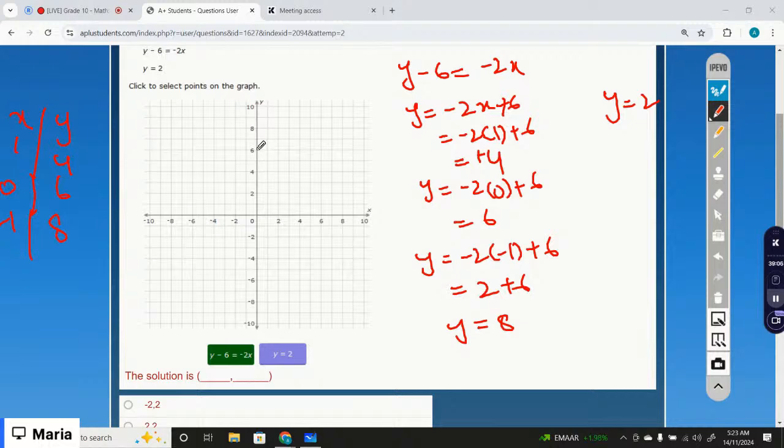x is 0, y is 6. x is 1, y is 4. x is negative 1, y is 8.